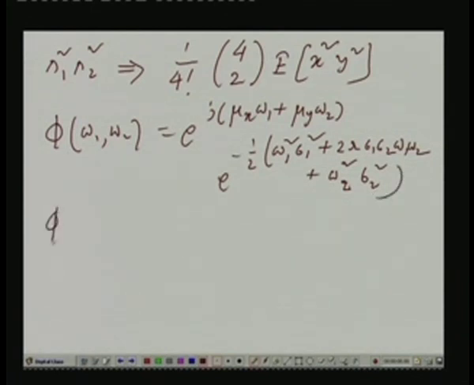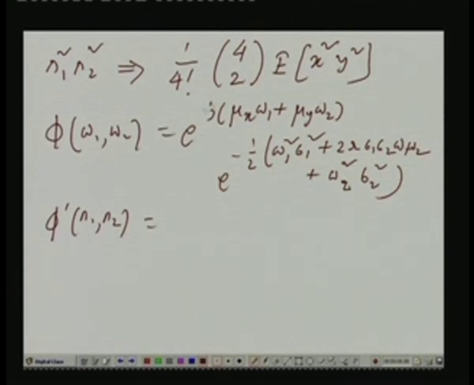So you can write down what is phi prime S1 S2. Simply, if you remember, the formula for the moment generating function is nothing but the characteristic function where j omega 1 is to be replaced by s 1, j omega 2 by s 2. So what does it give rise to? In any case, mu x and mu y are given to be 0 here.